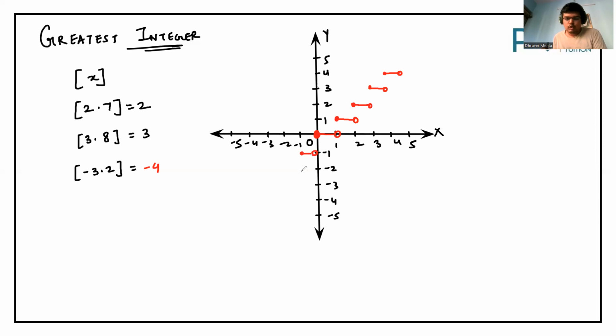This graph is also called a step function. Now tell me its domain and range. What is the domain?